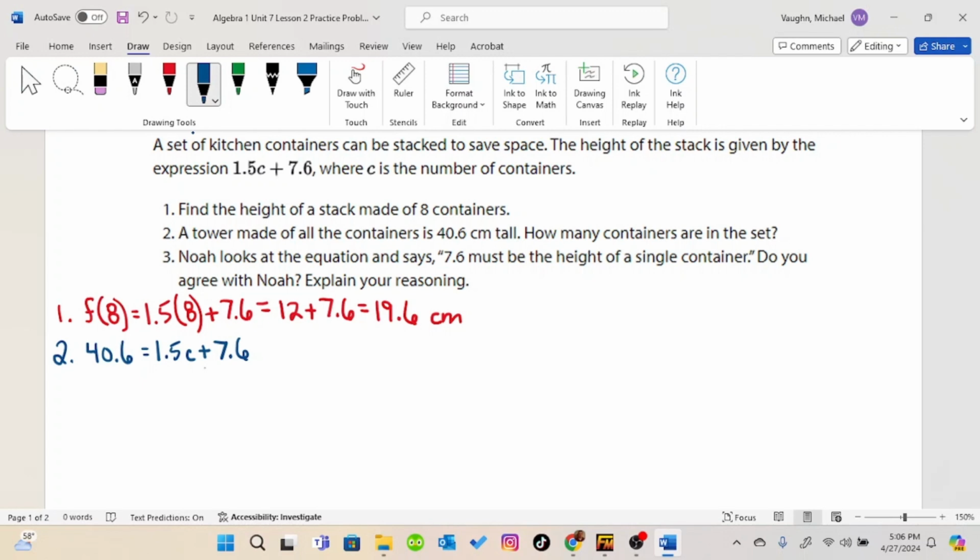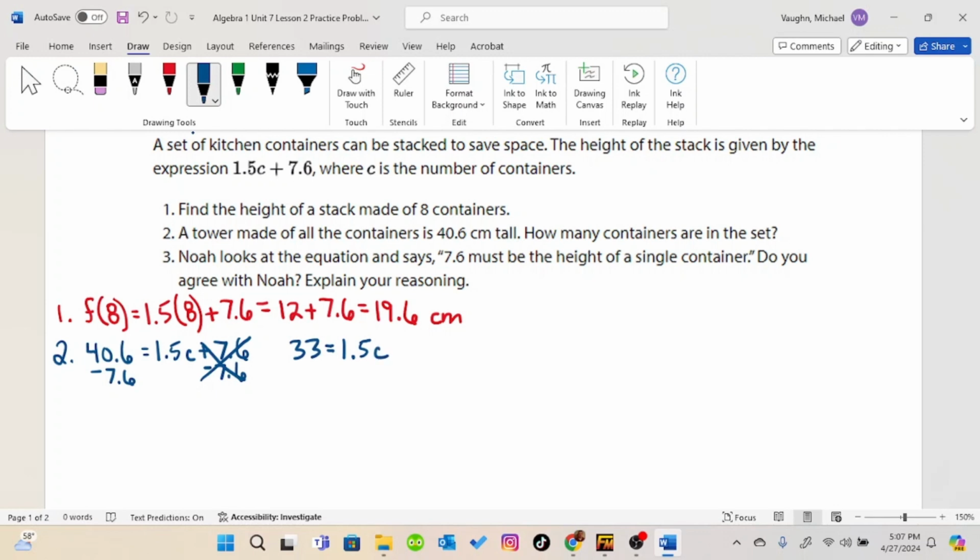So the first thing I'm going to do is subtract 7.6 from both sides. This will eliminate it from the right side, and now we have 33 equals 1.5c.